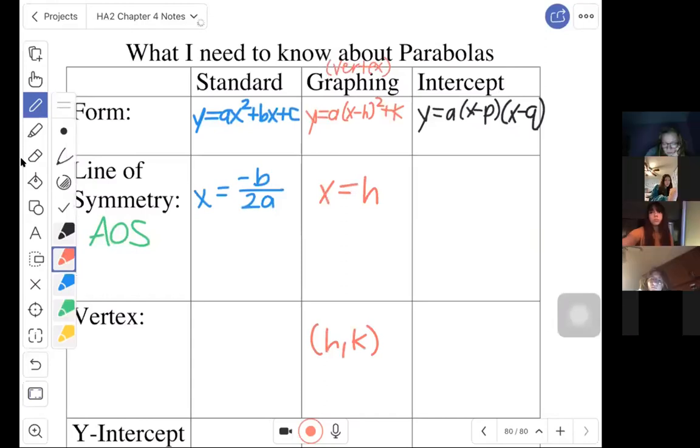Yeah, so that vertex, in vertex form, it's that H, K. Good. And now lastly, our line of symmetry for intercept form. Think about how we got that for intercept form when we see our intercepts. Malachi. P plus Q over 2. Awesome.